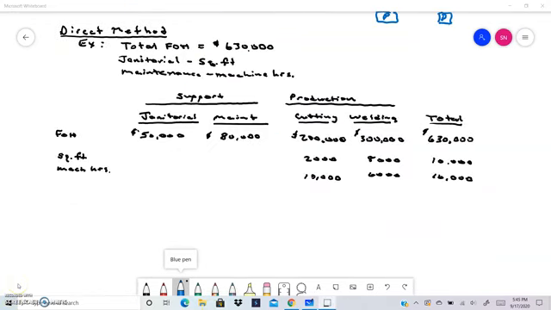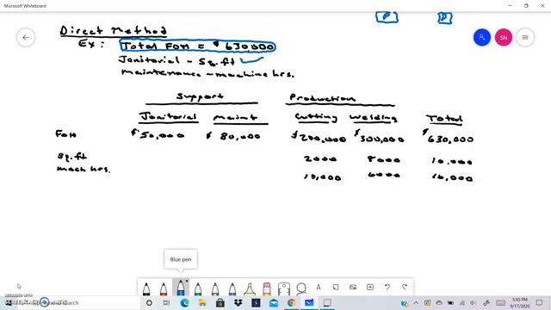So here under the direct method, I've laid out an example. We have total factory overhead, including support department overhead, of $630,000. We're going to go ahead and allocate janitorial services based upon square feet in the production departments.